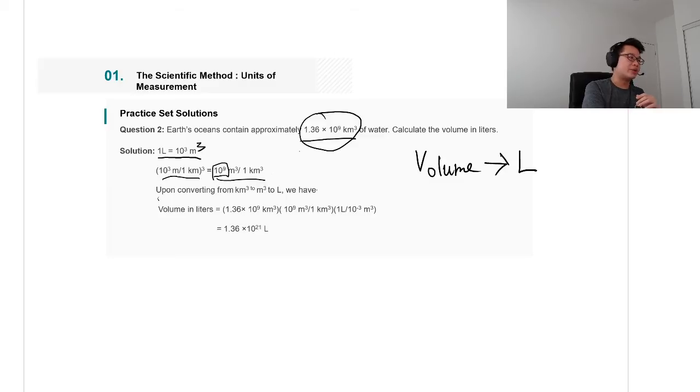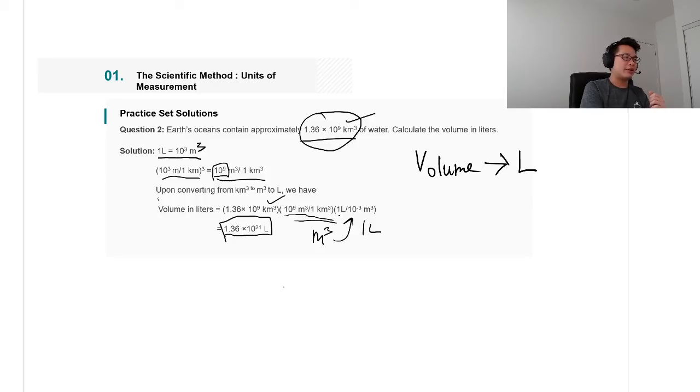So we have to multiply our volume by the conversion factor over here to convert that to meter cube, and then convert meter cube to liter. After all those calculations, we should be able to see that it is equal to 1.36 times 10 to the power of 21 liter.